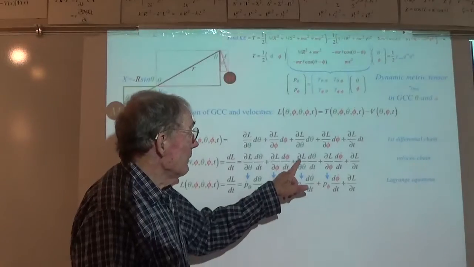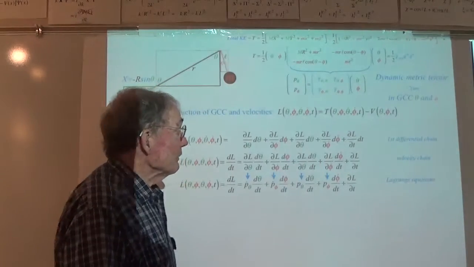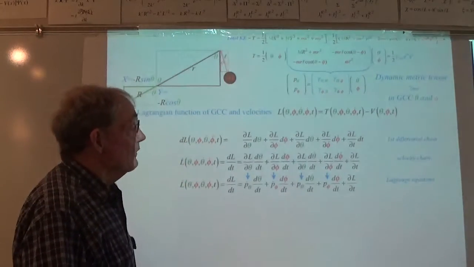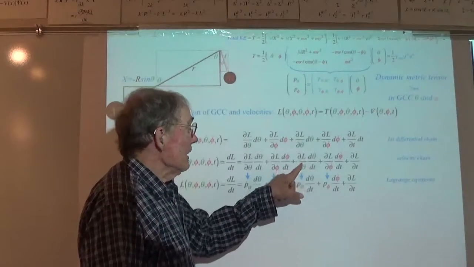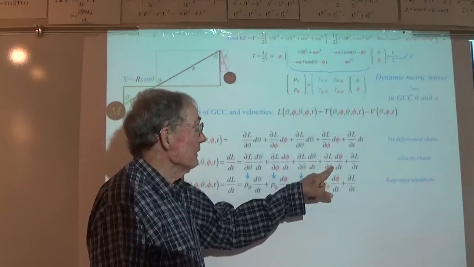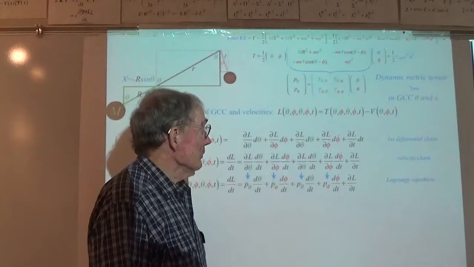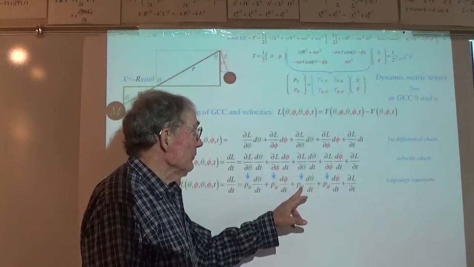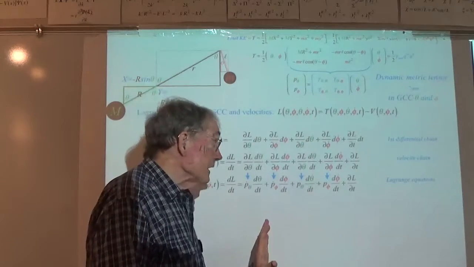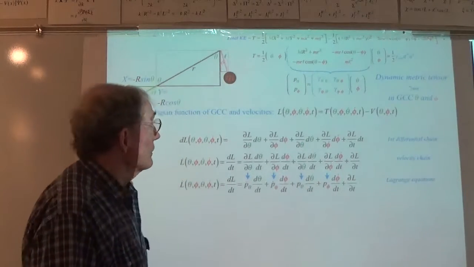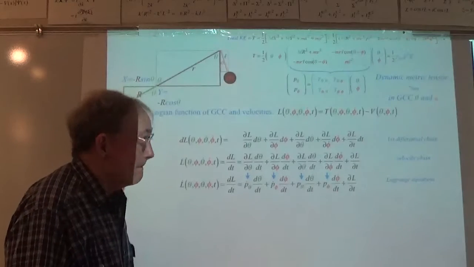And then this is the definition of momentum in a Lagrangian scheme. The dot now sits in the denominator of the partial derivative and gives you the momentum. So again, beam momentum, and this is angular momentum, projectile angular momentum.